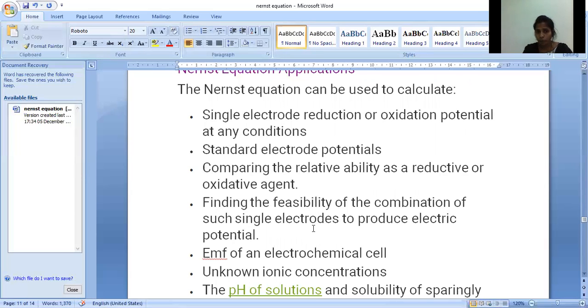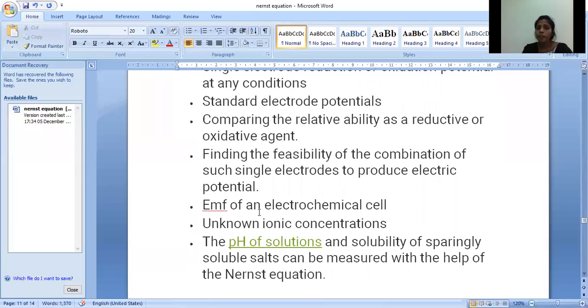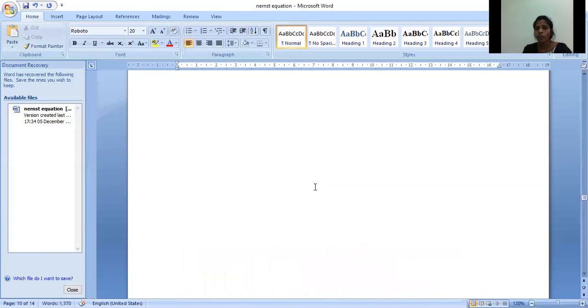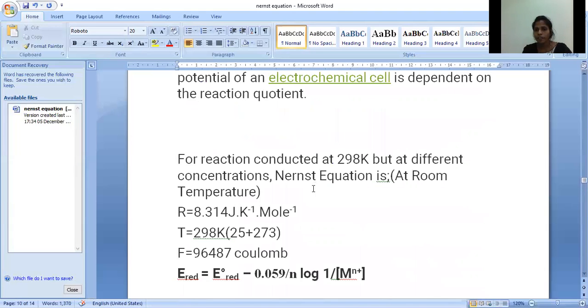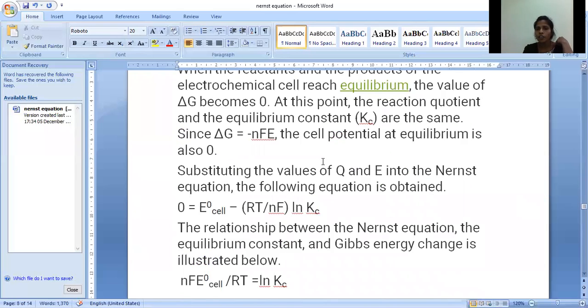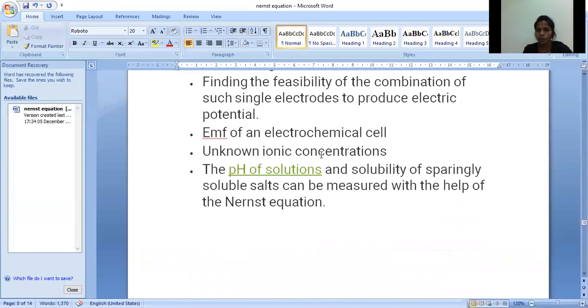to produce electric potential, EMF of an electrochemical cell, unknown ionic concentrations, that means we can find the concentration of this if we know E naught value and E value. Yes, if we know these two values, can't we find the concentration of the particular compound? Yes, we can find the concentration of the unknown solution.